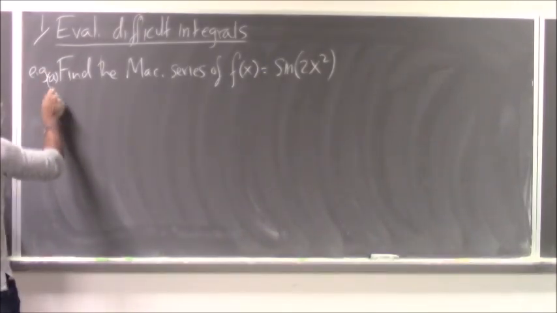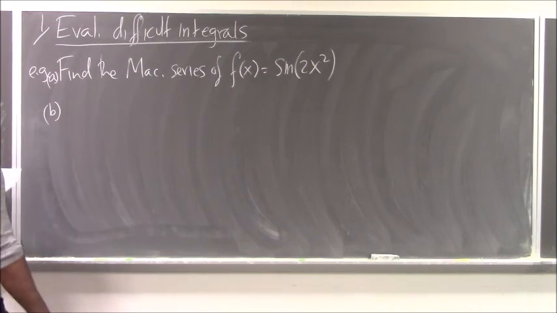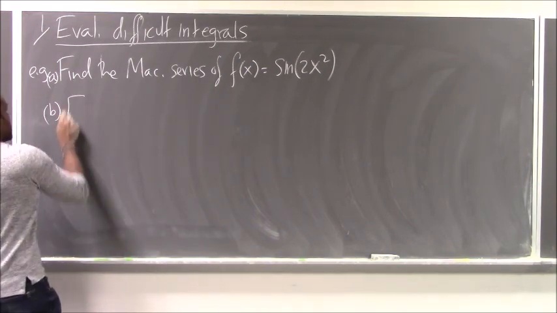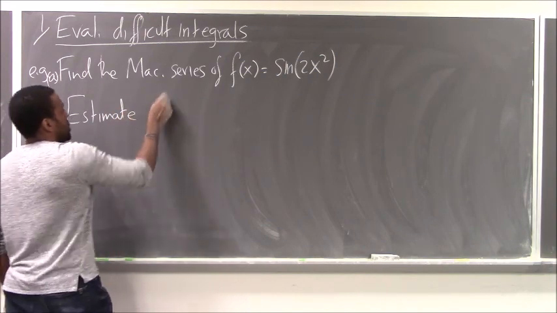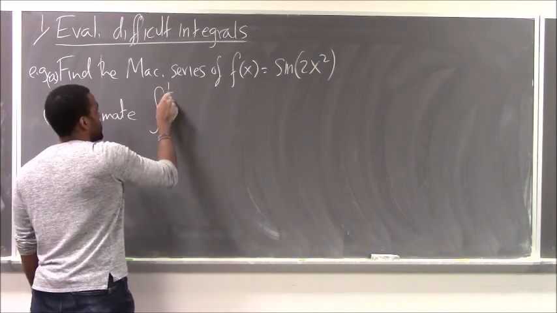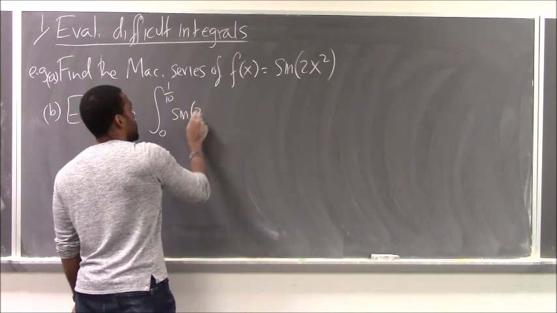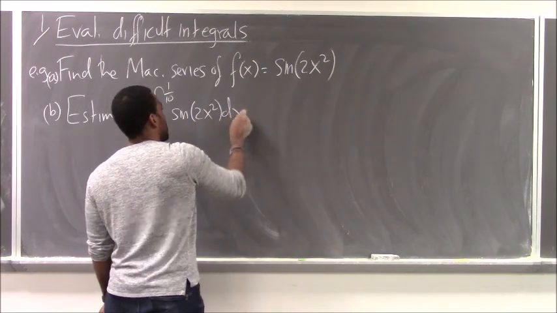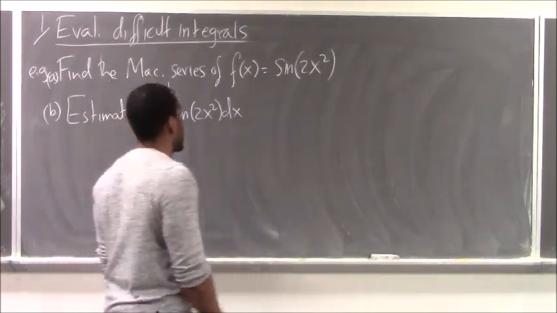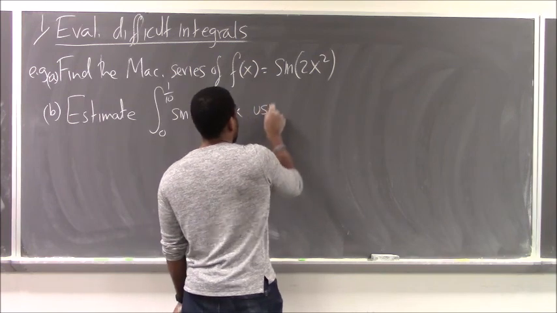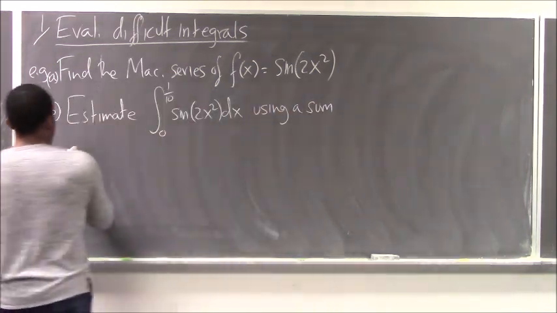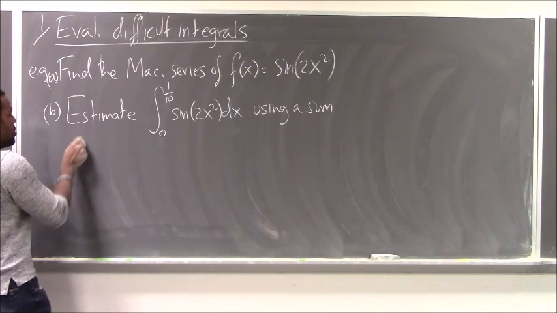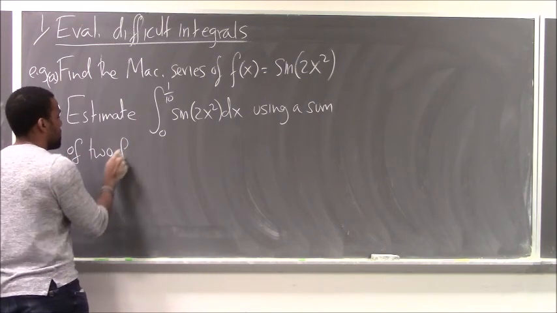That's A. B. I would like you to estimate the integral from 0 to 1/10 of sine of 2x squared dx, using a sum of 2 fractions.